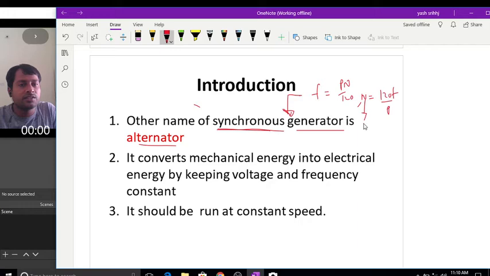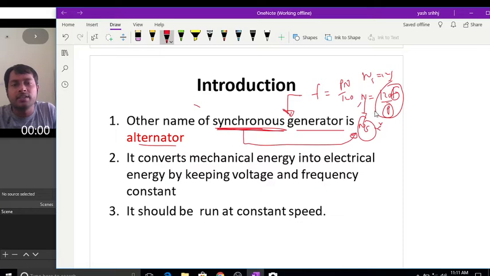This speed is nothing but synchronous speed. This is fixed speed. That's why this rotor and stator are magnetically stable. That's why this is called synchronous speed, and this speed Ns is equal to 120 f by p. This is fixed frequency and fixed poles. The generator producing the electricity is called a synchronous generator.